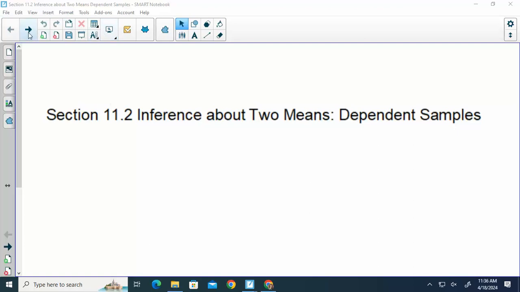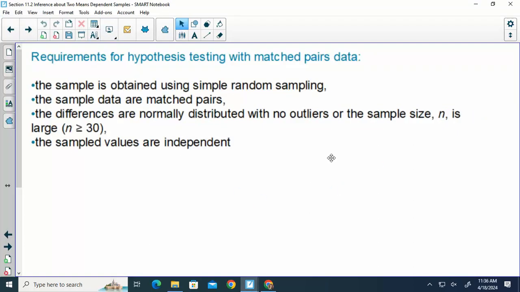In order to be able to do any hypothesis testing, we have all of our criteria, most of which we're not going to verify, I just kind of assumed. It has to be obtained using simple random sampling. If you have bad sampling to begin with, you're not going to have good data. Has to be matched pairs. If we're doing matched pairs testing, the data has to be matched pairs.